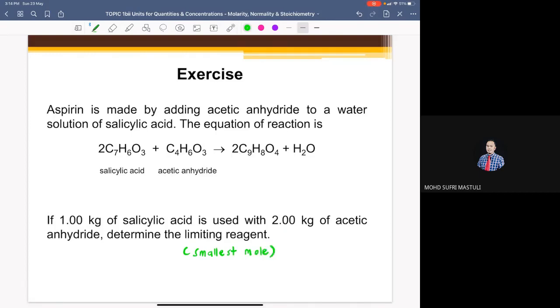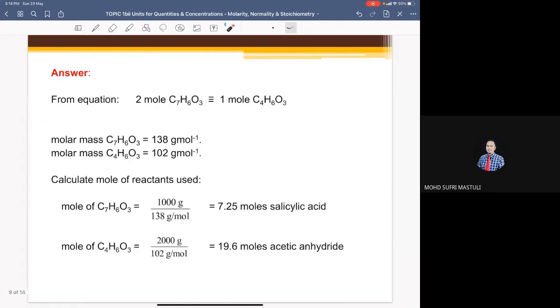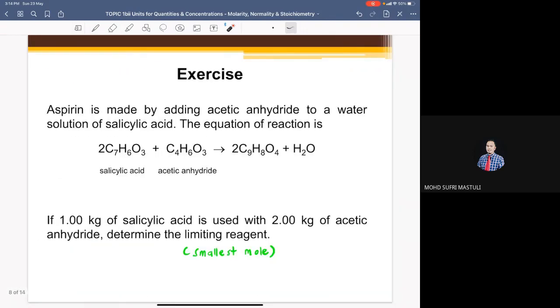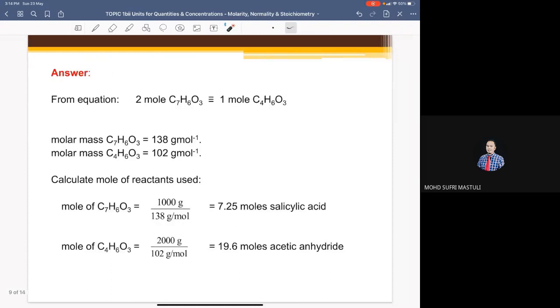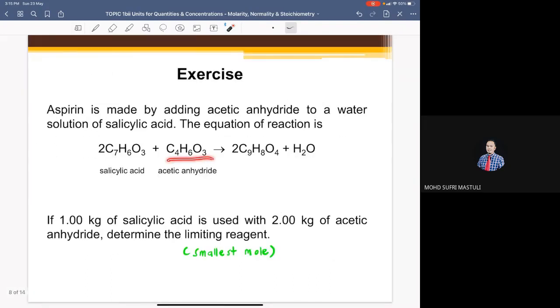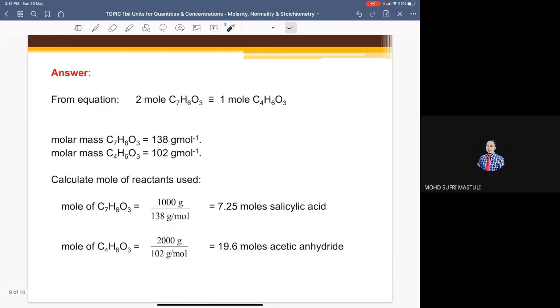mole. Okay, so we have to calculate the mole of salicylic acid and also the mole of acetic anhydride. From the equation, we know 2 moles of C7H6O3 will react with 1 mole of C4H6O3.